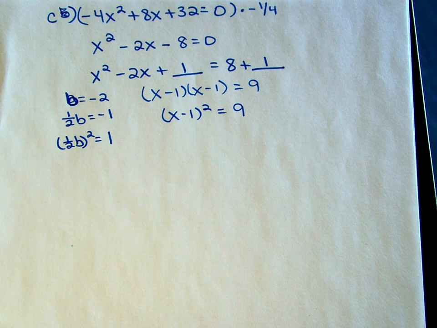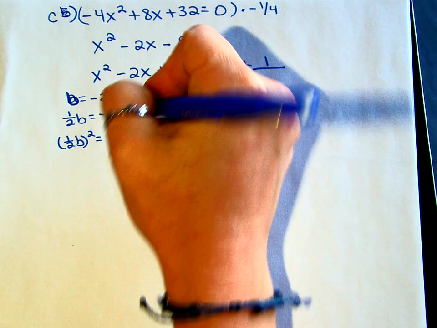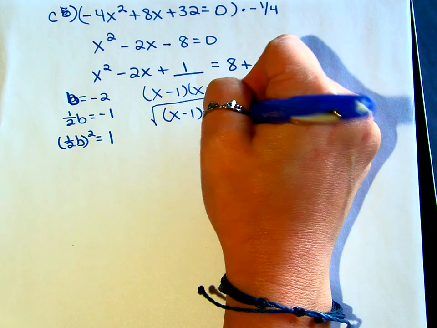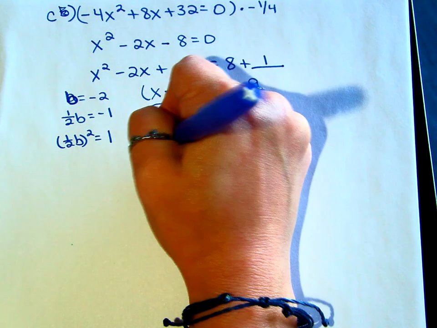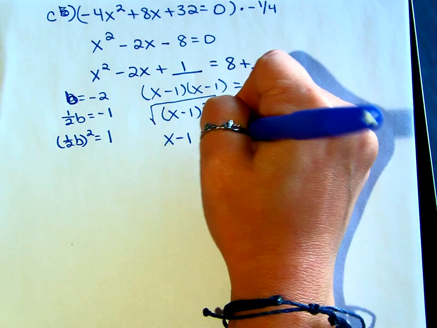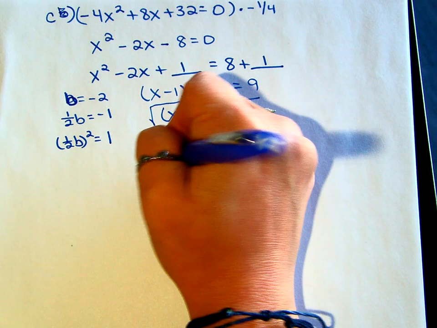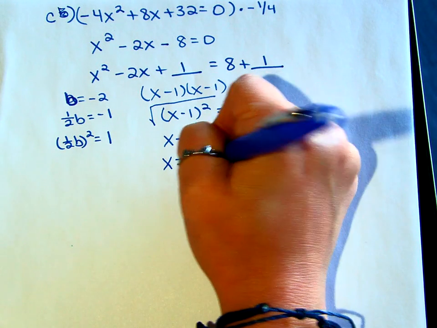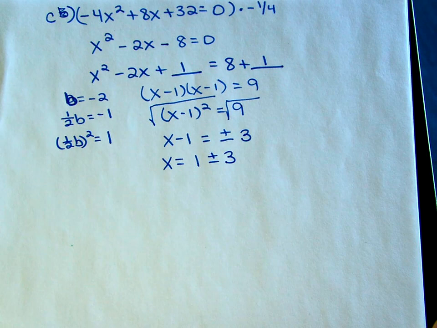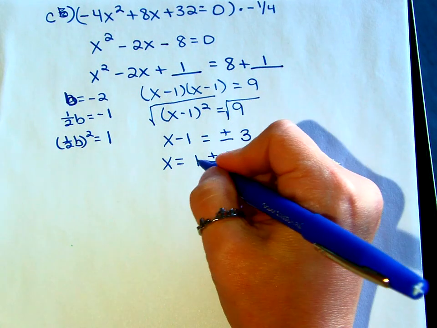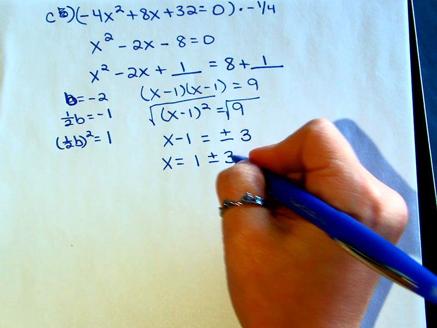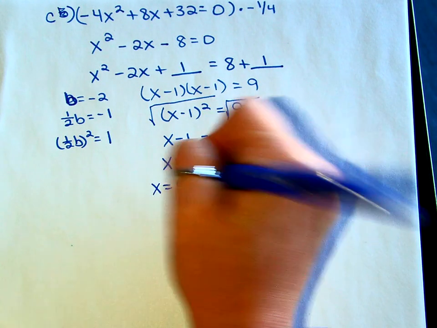Apply your square root property, and you get x minus 1 equals plus or minus 3, because the square root of 9 is plus or minus 3. Add your 1 over. So when x is plus, so 1 plus 3, that means x is 4. Or we have 1 minus 3, which means x is negative 2.